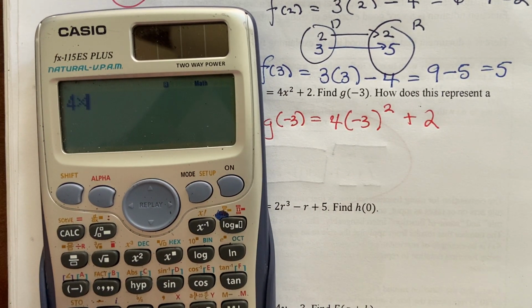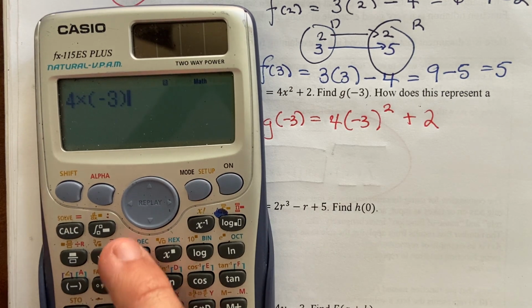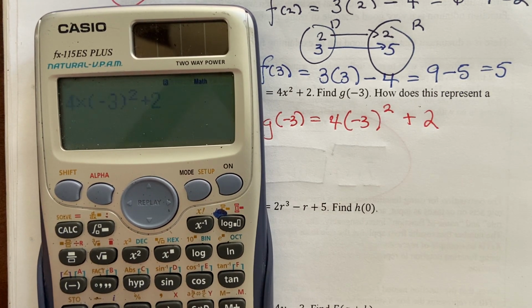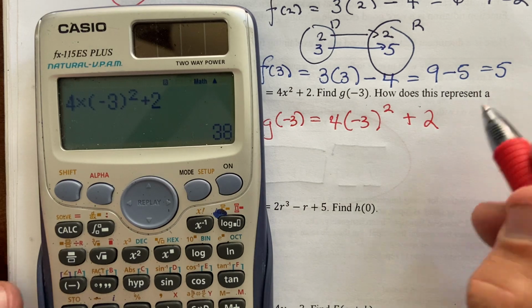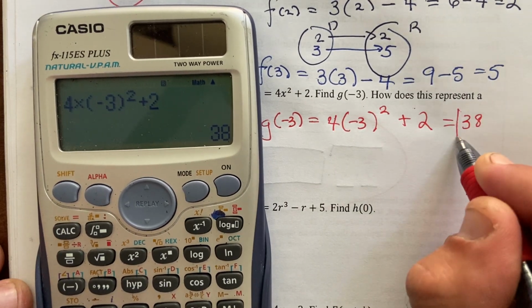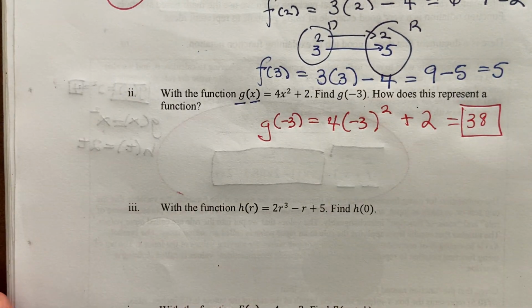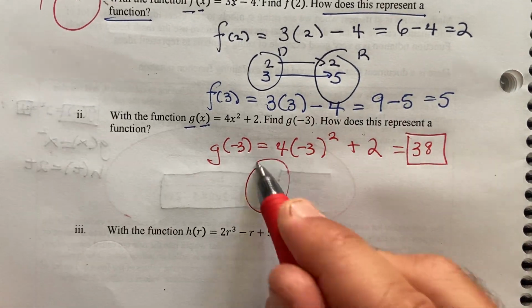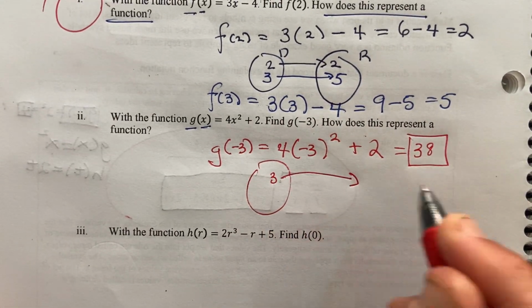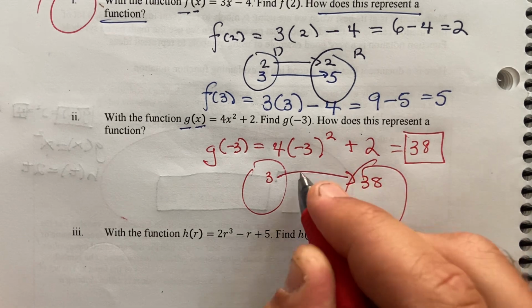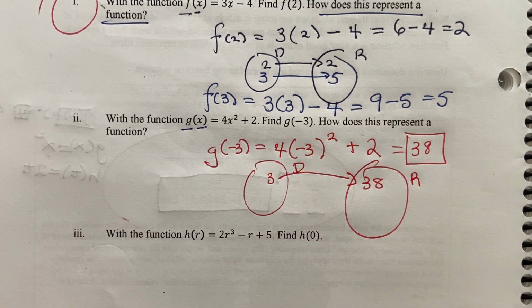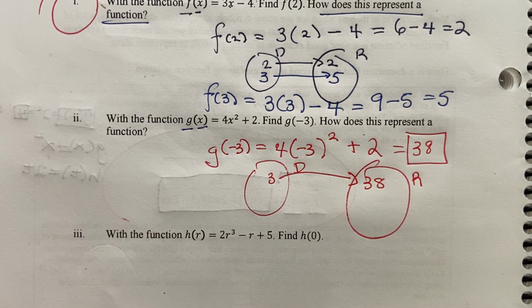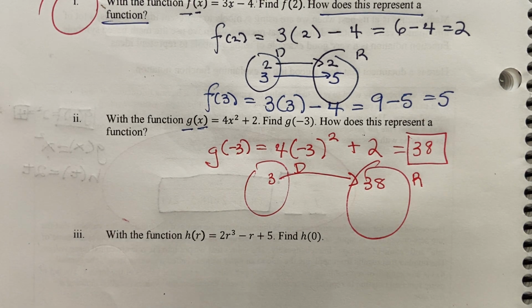So 4 times parentheses negative 3 squared plus 2. So 38. So if we were to draw a quick picture, we'd have that negative 3 for this one goes to 38 as far as domain and range go. That's how this represents a function.